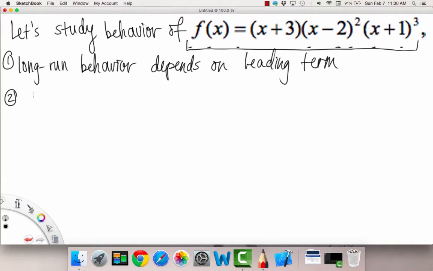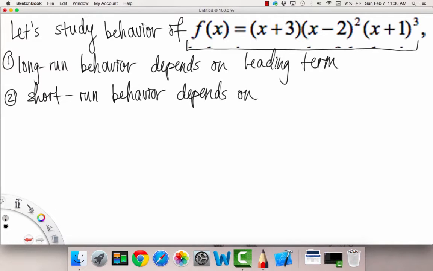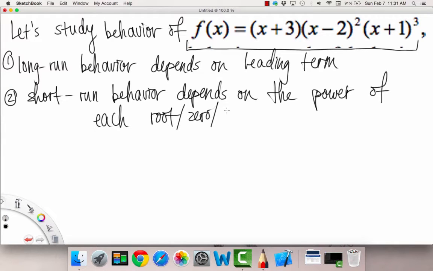And then point number 2 is that the short-run behavior, conversely, depends on the power, meaning the exponent, of each root. And again, root is the same thing as zero, is the same thing as horizontal intercept. And I'll go into more detail about what each of these mean.